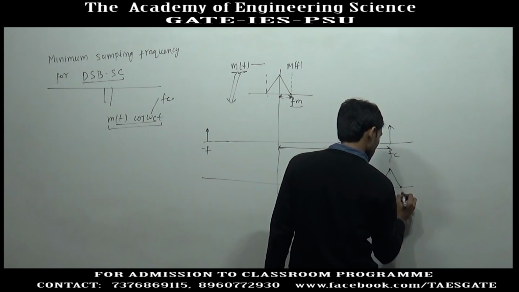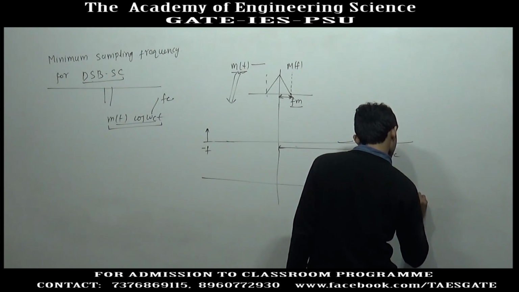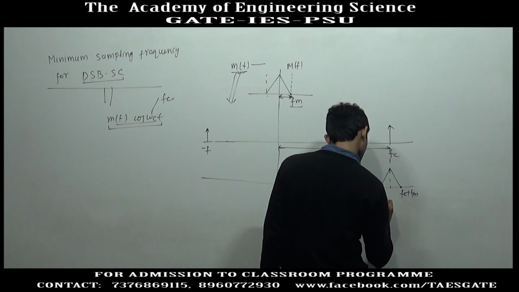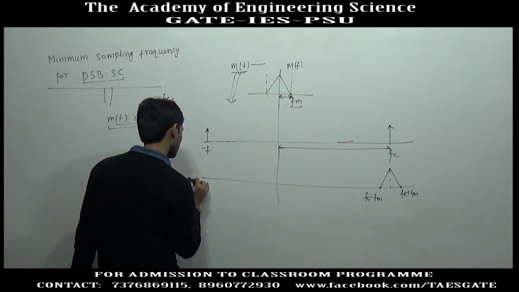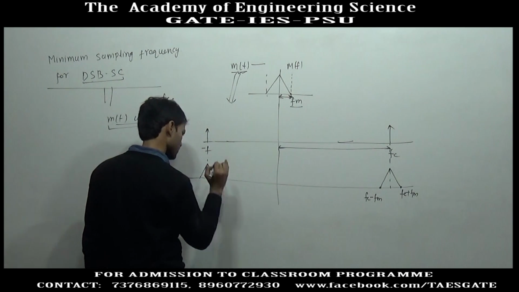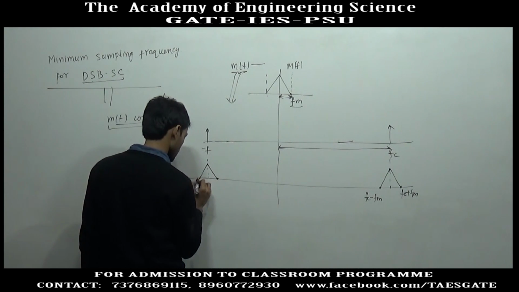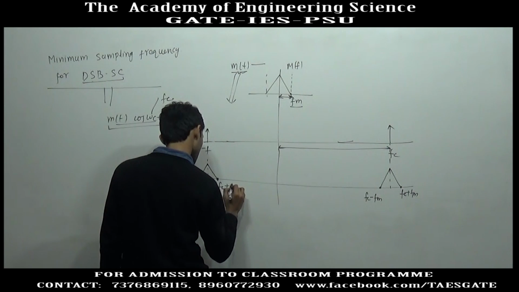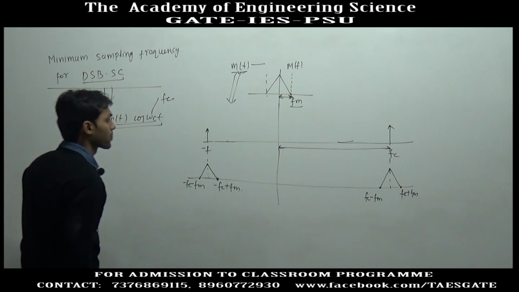So, we will get this point as Fc plus Fm, and this is Fc minus Fm. Similarly, this point is minus Fc minus Fm, and this point is minus Fc plus Fm.